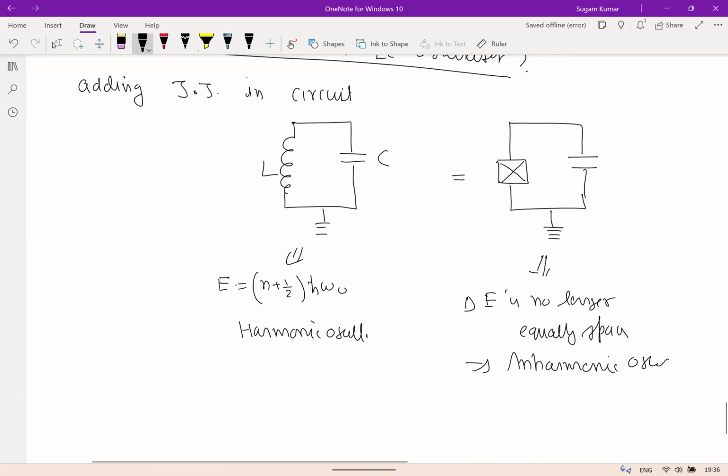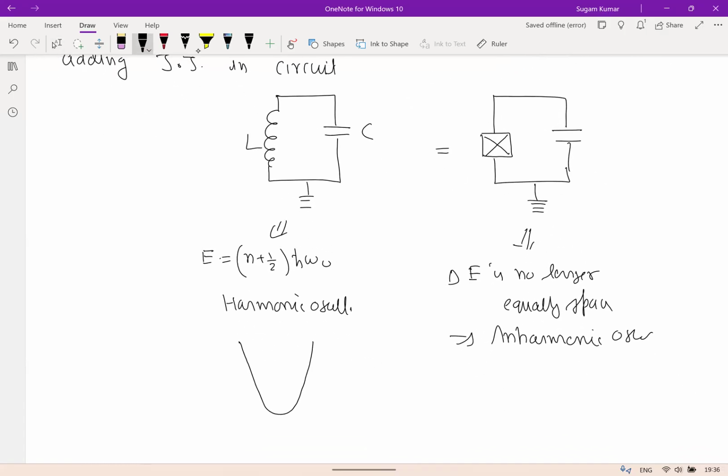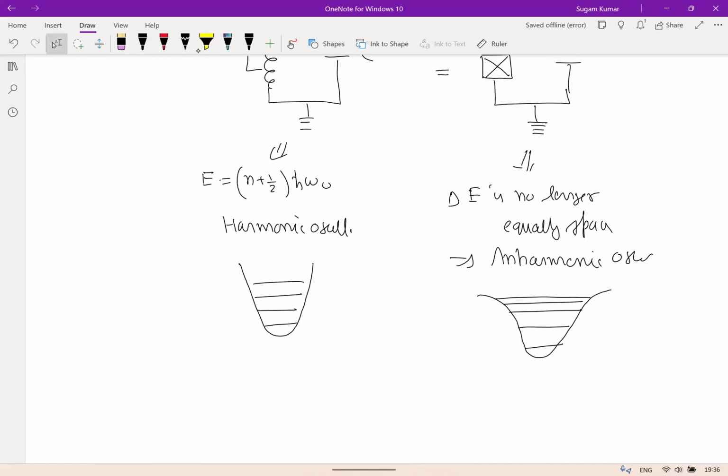What I mean to say is that in this system the potential is like this, equally spaced lines. In this system, I will show you the potential like this. So here, the levels are going to decrease. Here, the potential is proportional to x square, which in our terms means proportional to phi square.